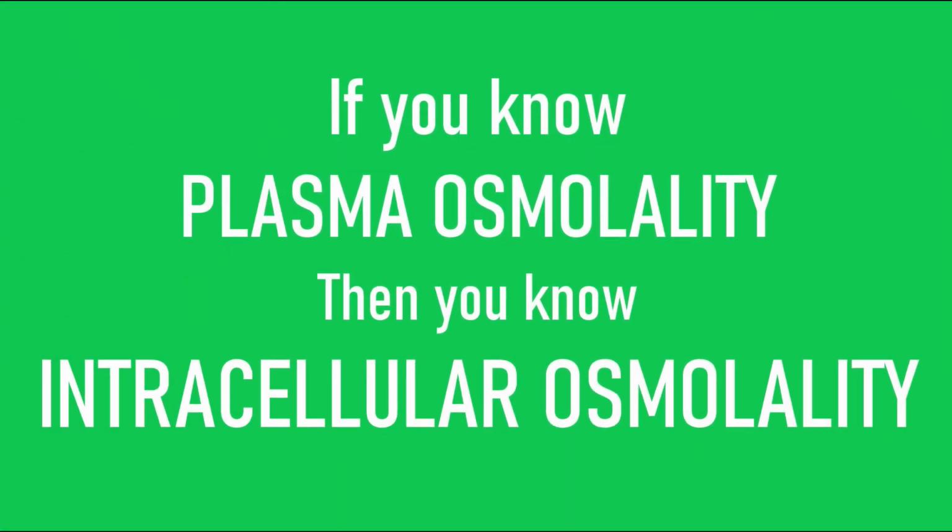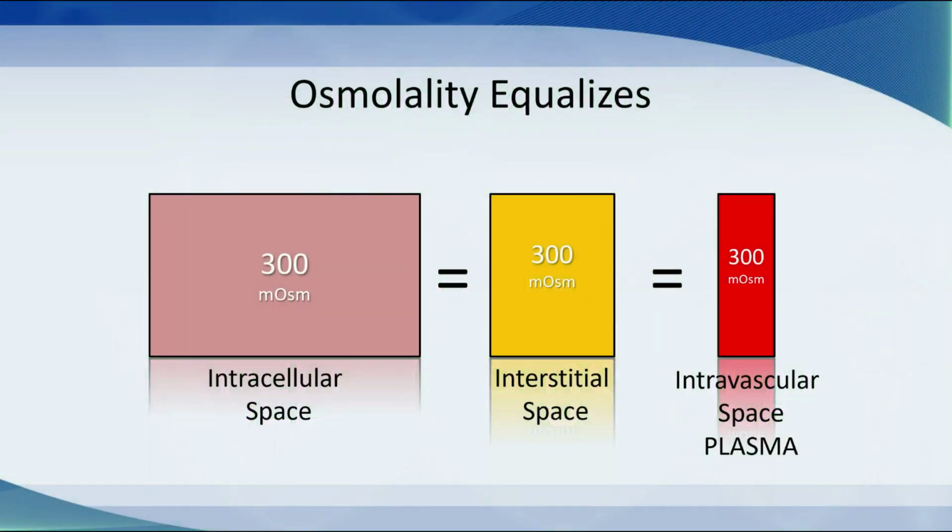If you know the plasma osmolality, then you know the intracellular osmolality, because osmolality equalizes between the intracellular space and the extracellular space. And that also means that the interstitial osmolality must equal the intravascular osmolality, or the plasma osmolality.